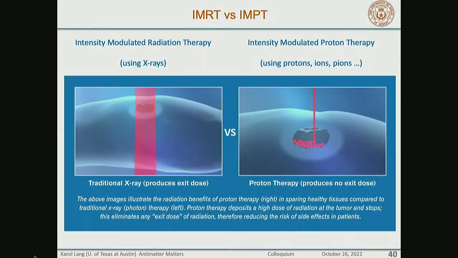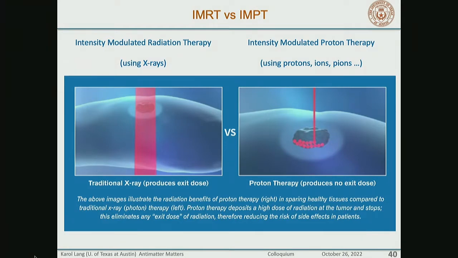Now coming back to what you said, indeed there are something called gamma therapy and proton therapy now. This is an illustration that using X-rays, you do a lot of damage to the healthy tissues, while using protons, you can minimize that.